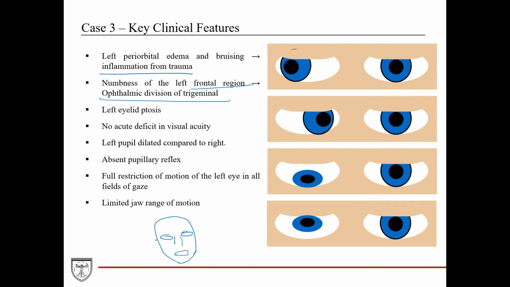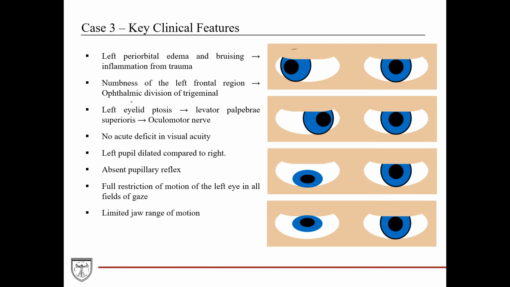So the ophthalmic nerve, V1, is going to do this region around the eyes down into the nose like this. And then the middle of the face is the maxillary nerve, and the lower portion of the face, the jaw, is going to be the mandibular nerve. So that corresponds to the ophthalmic division, where he's having this numbness in the left frontal region.